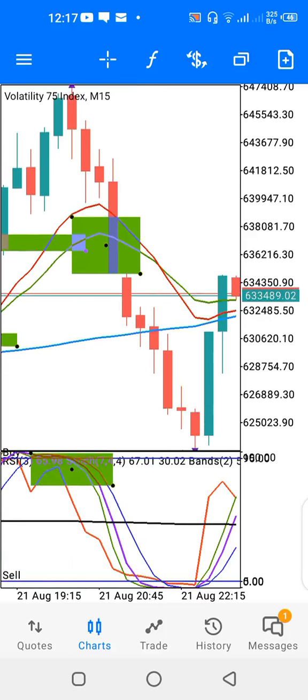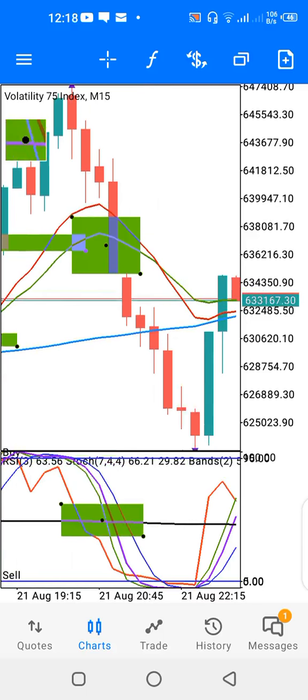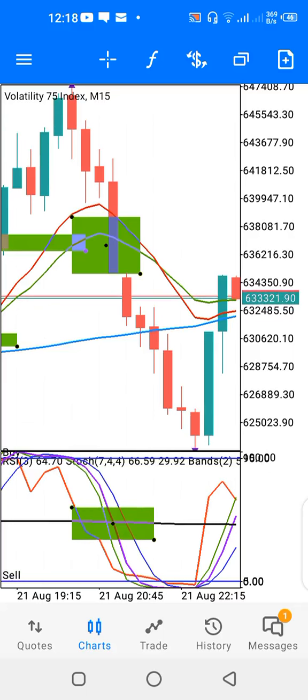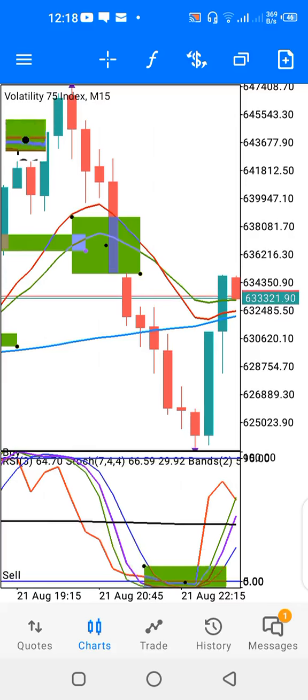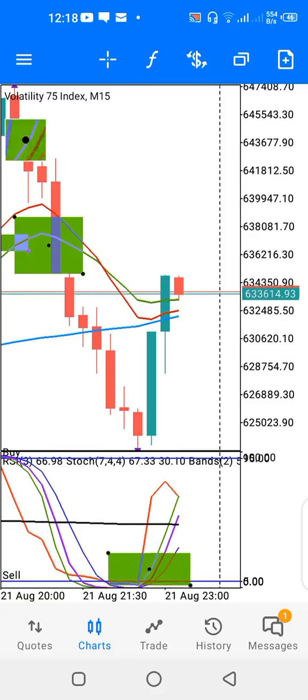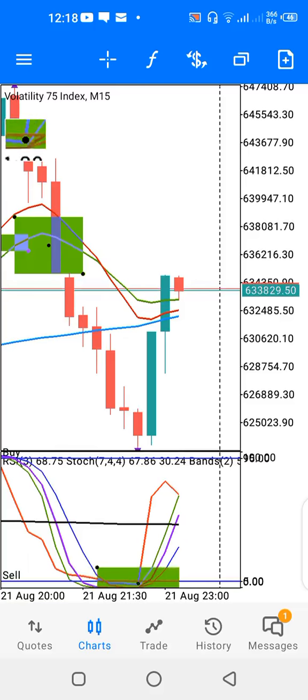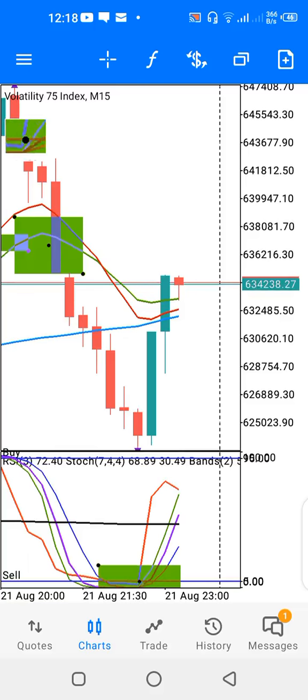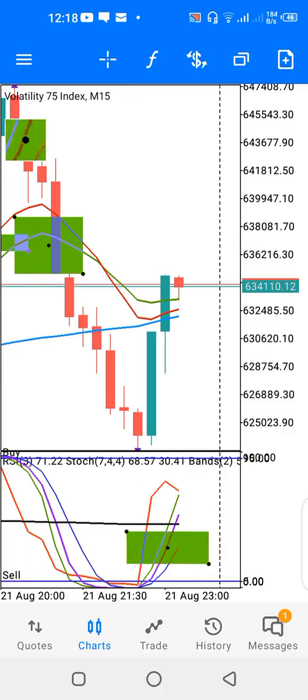By the time it approaches the black line, which is our 200 period moving average, that's a confirmation to continue to sell. By the time the stochastic oscillator lines get to the lower part of the indicator window, you start to look for exit on your short trades, then look for buy.